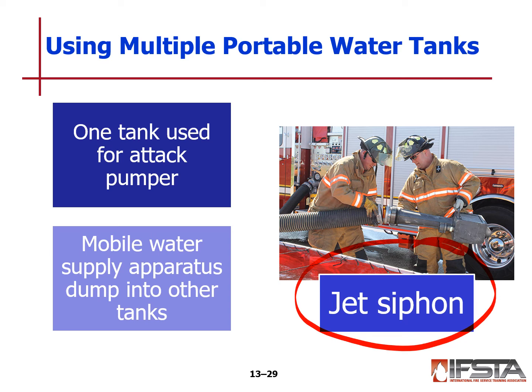You can also put a piece of hard suction from tank to tank, let each end dip down in the water, and you can take a hose line from your pumper and just crack that nozzle and barely flow a little bit of water through there, and it causes that siphon effect, just like the same siphon effect if we were siphoning out our gas tank, if you will. It's kind of how it works. Then they dump into the tank on the very end.